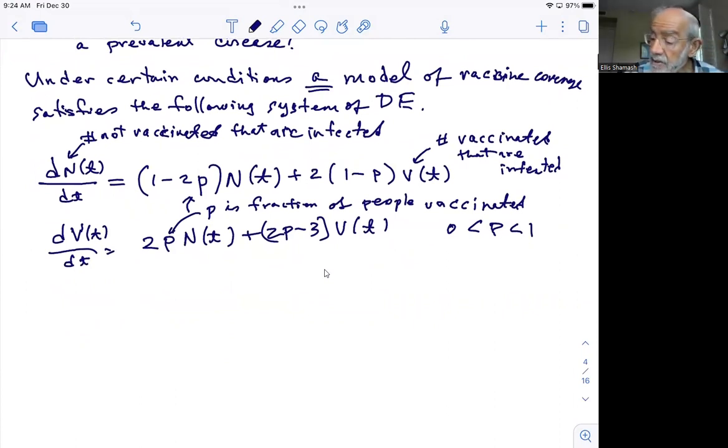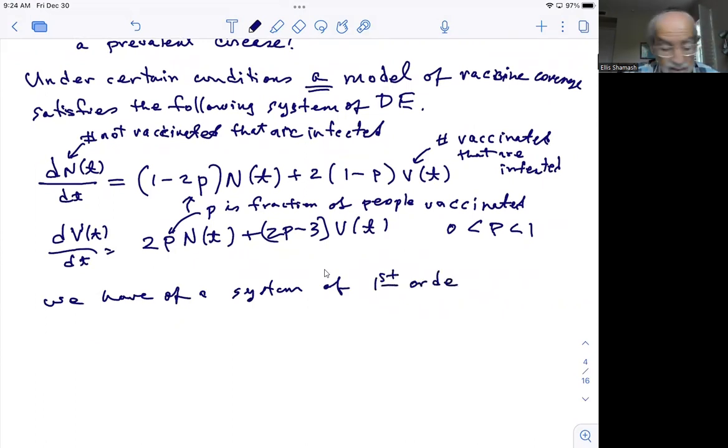So what we have here now, as opposed to what we had in a previous example, is not a single differential equation, but we have a system. Of first order, and again, we'll explain what first order means as we get in a little bit more, and linear system of ordinary differential equations.